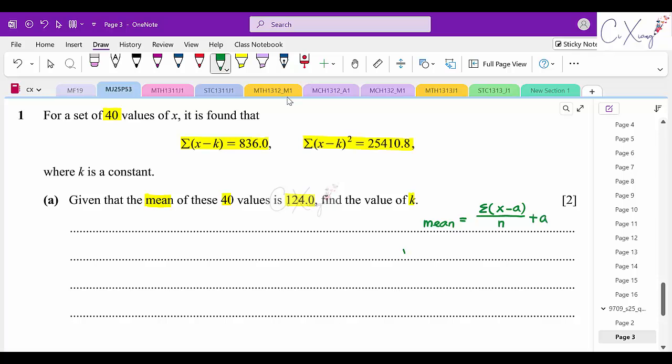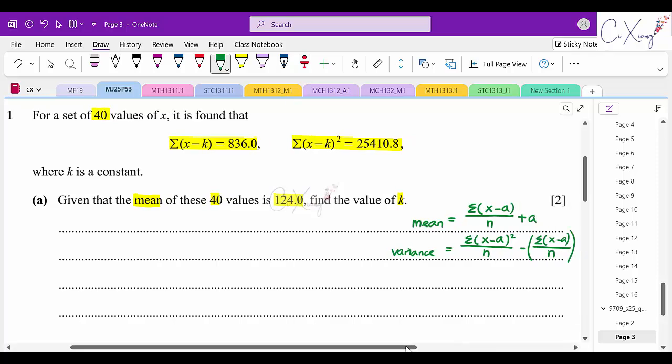For the variance, the formula is the summation of x minus a squared divided by n, minus the summation of x minus a divided by n, the whole thing squared. These are two general formulas to find the mean and the variance using coding data, and they are not provided in the formula booklet, so please make sure you remember them correctly so that you can apply them in the exam.